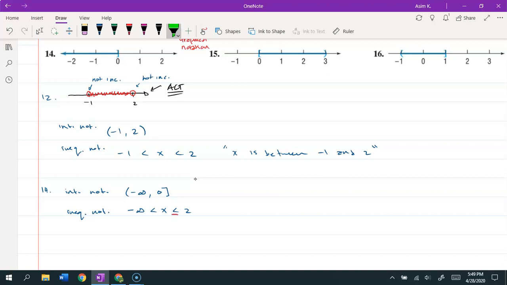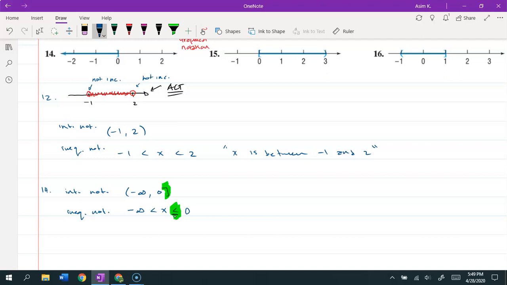On that right side, I'm going to put a little equal sign underneath the less than. And what that means is the 0 is included. I apologize, I shouldn't have written 2. I got crossed up with the one above. And so 0 is included, like that.